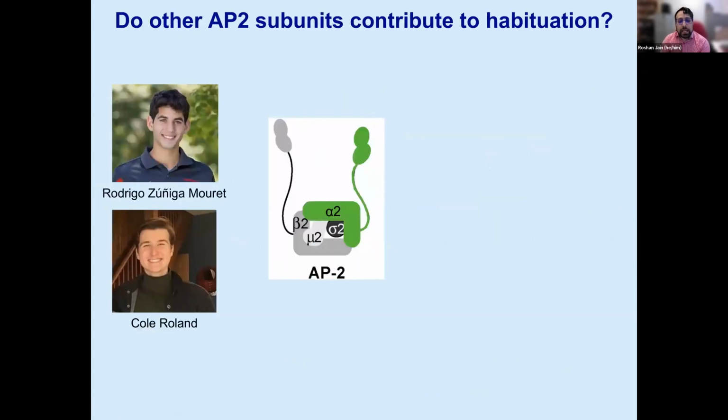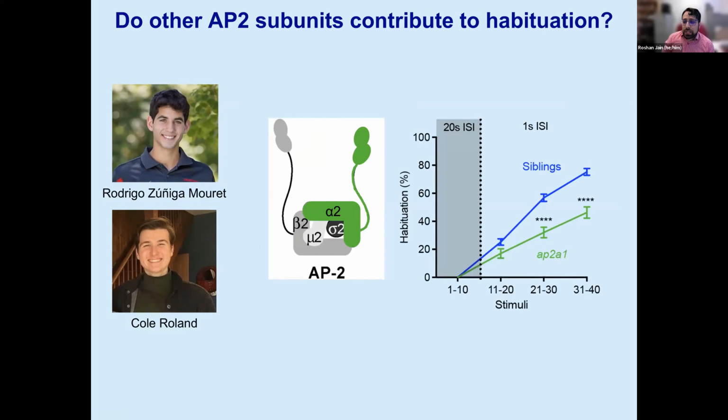So to try and get at that, we obtained a point mutation in another subunit, the alpha subunit of the complex, and then looked at those fish. They're also viable and look morphologically normal. Then we looked to see whether those had similar behavioral phenotypes. This is work that was done by Rodrigo and Cole in the lab. When we looked at the habituation behavior of those AP2A1, or alpha subunit, mutants, we find that they also show a reduction in their ability to habituate compared to their siblings.